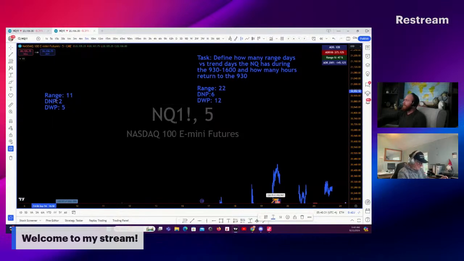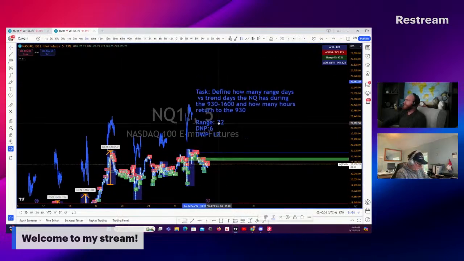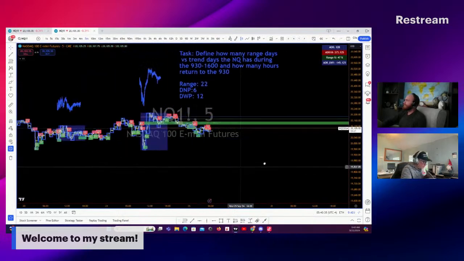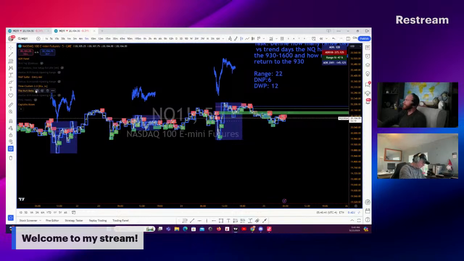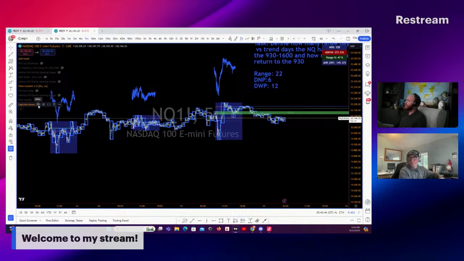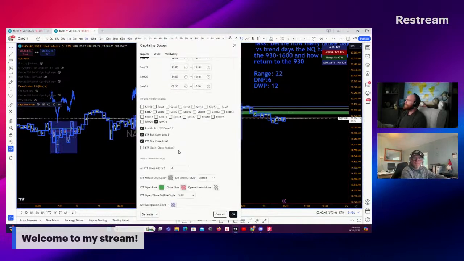So basically, what this back test is going to consist of is we are going to measure. Let me turn the book off and the curves. Right now we should have just our captain's boxes on. Only one selected is from 930 to 1700, because we're going to look at how many times the RTH hours between 930 to 1700 are range, DNP, which is directional with no pullback, or directional with pullback.